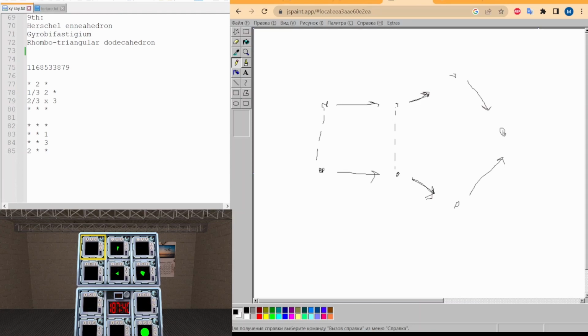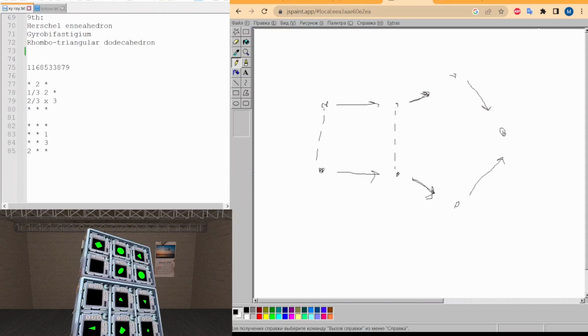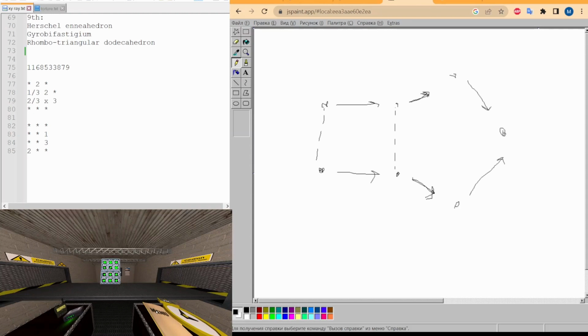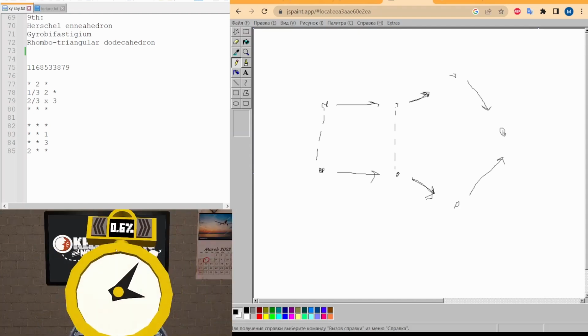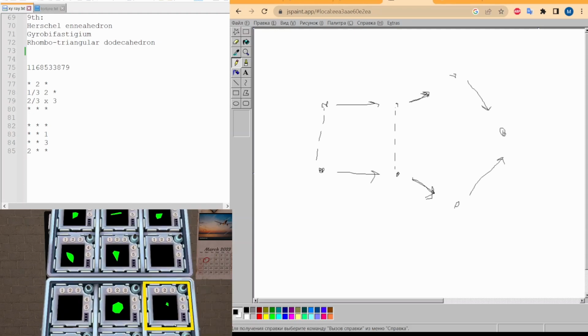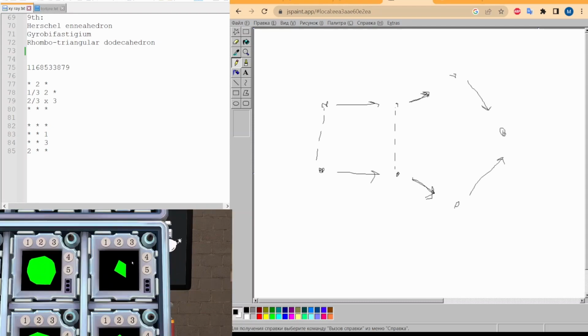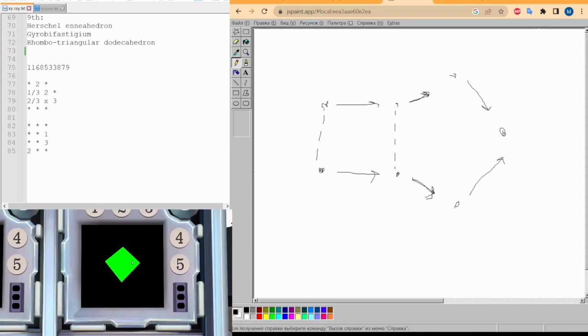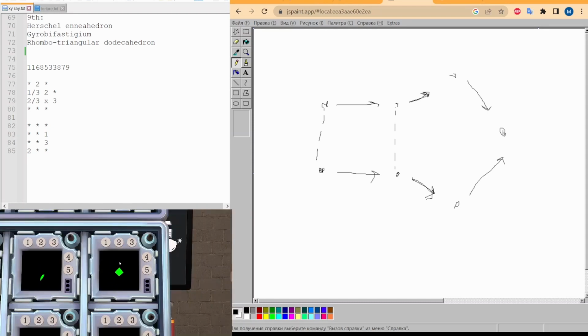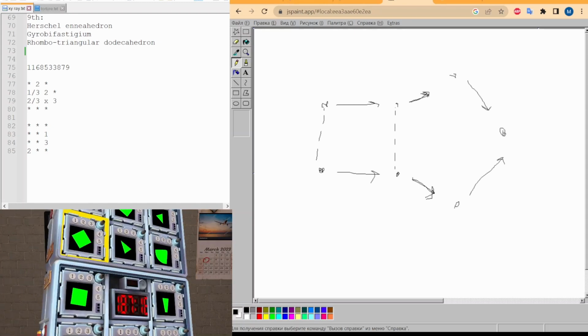Okay, it's 1, 3. So this one is cube. Actually, don't really care about the speed. So this is octa something. This is cube. As you can see, you can count the number of vertices and confirm that all of them have 3 connections.